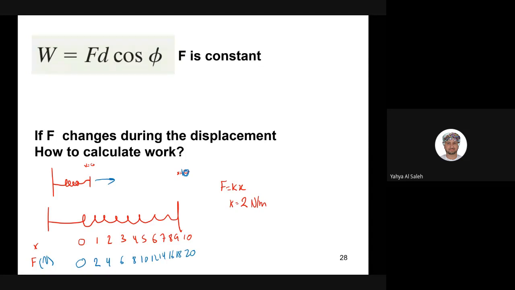If I do 20, I will end up doing 20 times 10, 200, cosine 0 is 1, so just 200 newtons. But the problem is, 20 was only at the last step. Here the force was not 20, here, here, here. In all of these places, it was not 20, which means I'm overestimating my force.